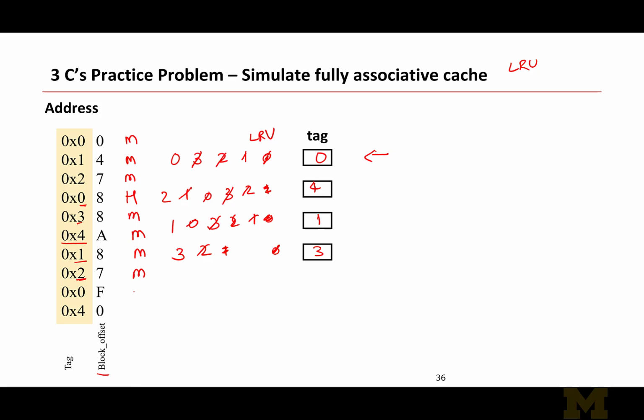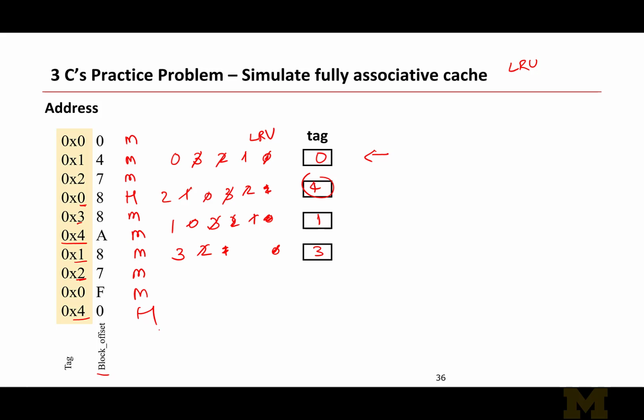So this is also going to be a miss. And then finally I have access to 4. So in this case I would access the tag and then compare it, and then I will see that it is actually a hit.